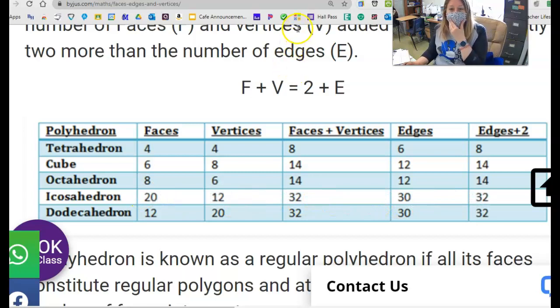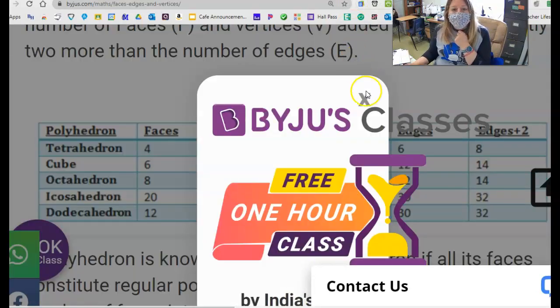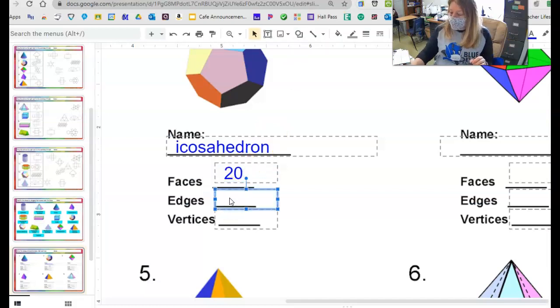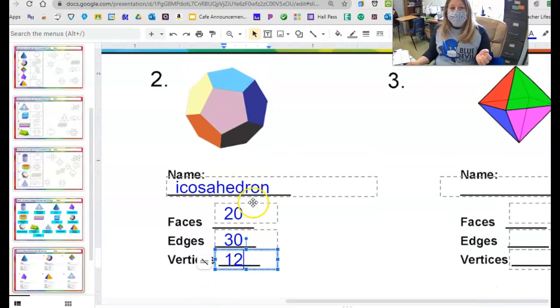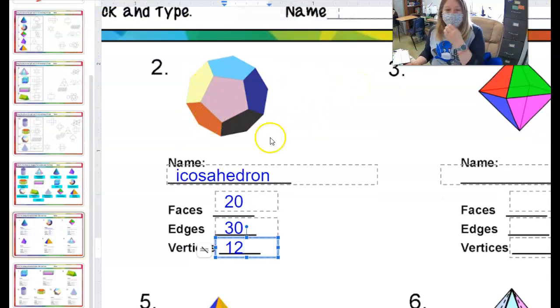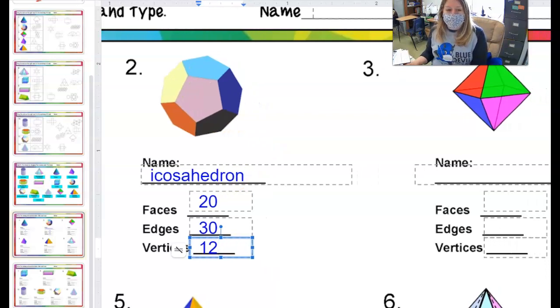So 12 vertices, 30 edges. And you can't just multiply the number of faces by 5 because some of those edges all get shared. So it's a little hard for those big ones. And we might skip some bigger ones.